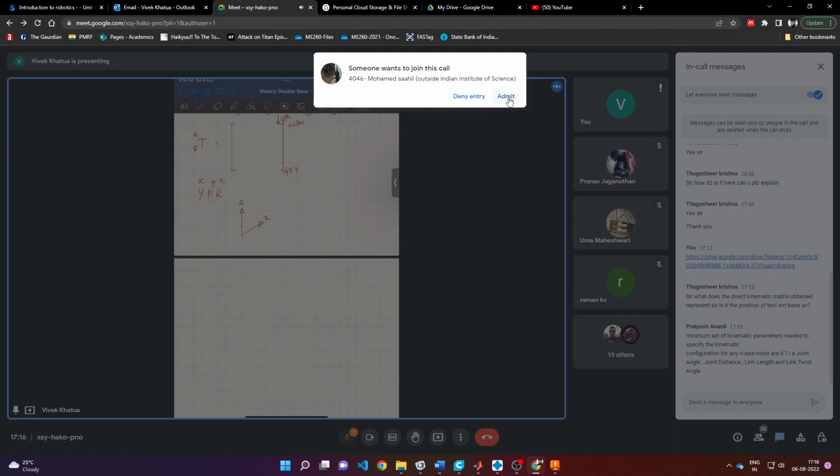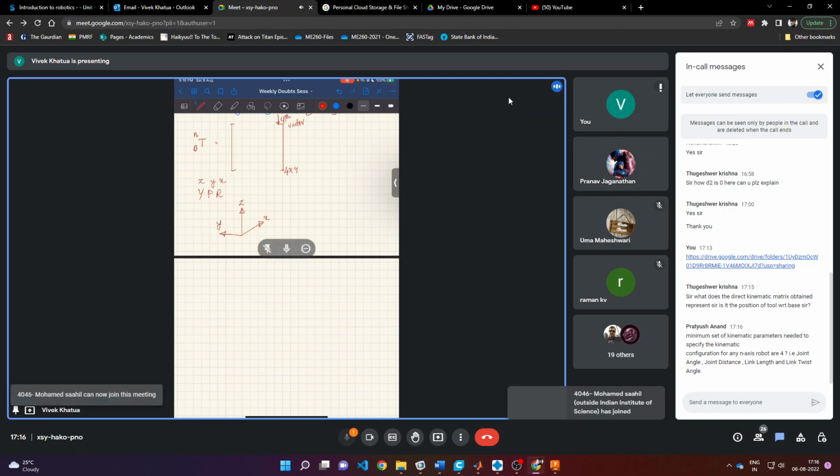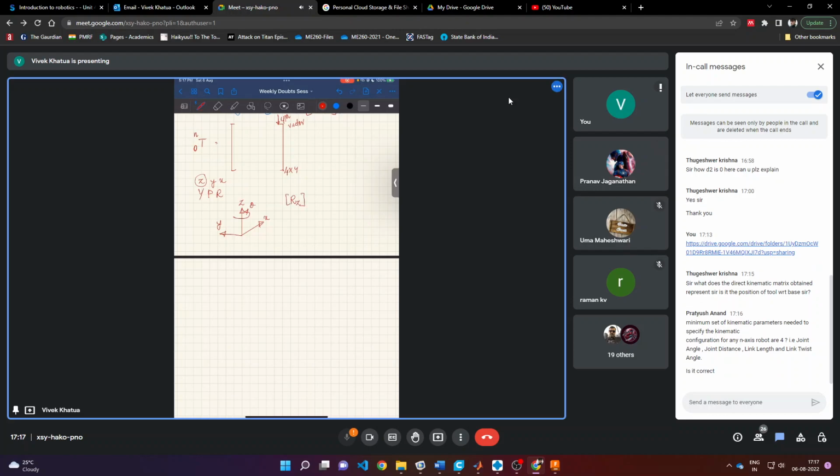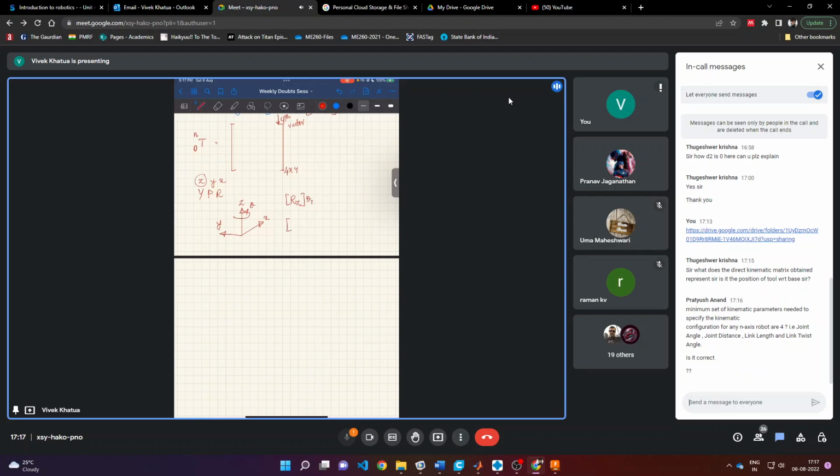X cross z. No, z cross x. Y will be this direction. Now, for your yaw pitch roll rotation, first along the z axis you do some rotation theta, whatever they have given you. You will have Rz, a rotation matrix about theta z.